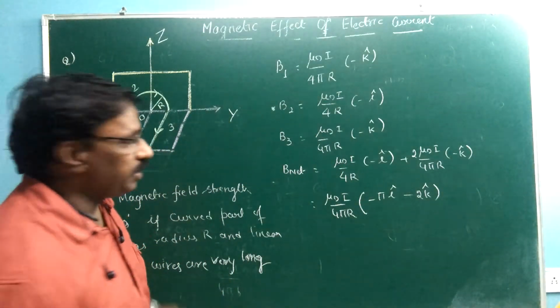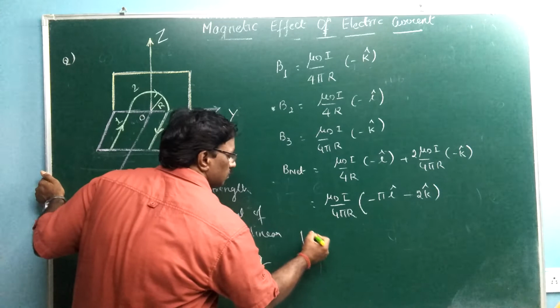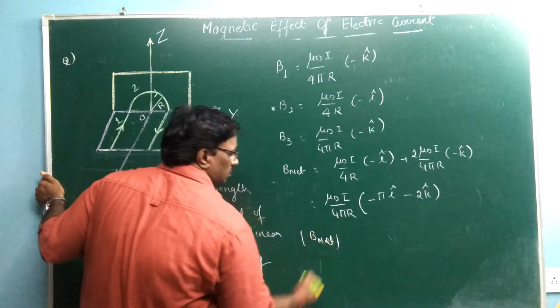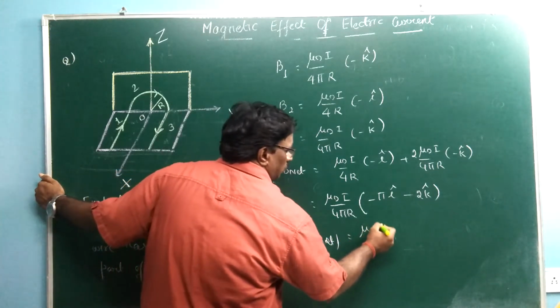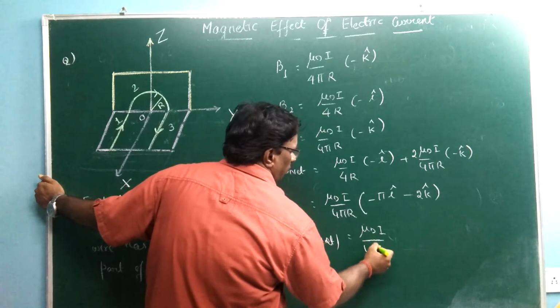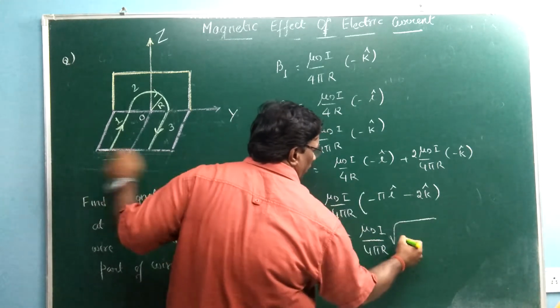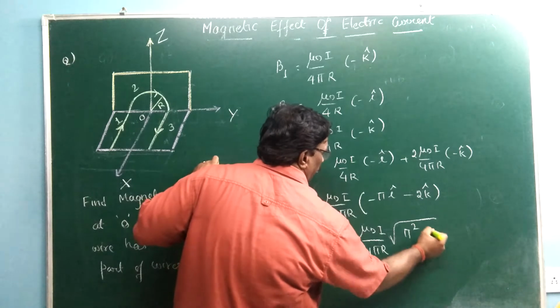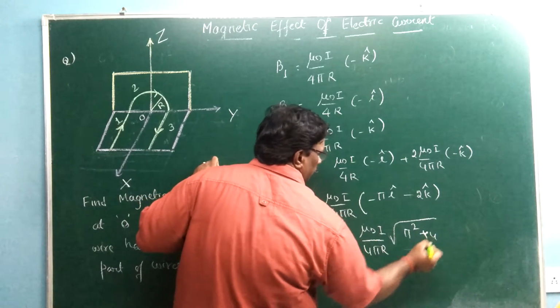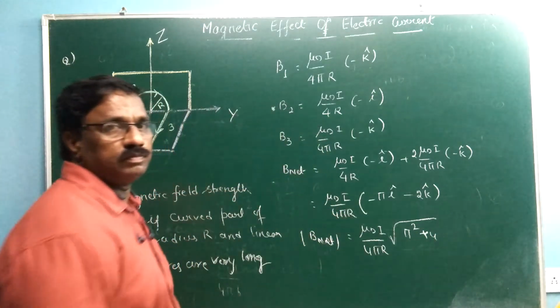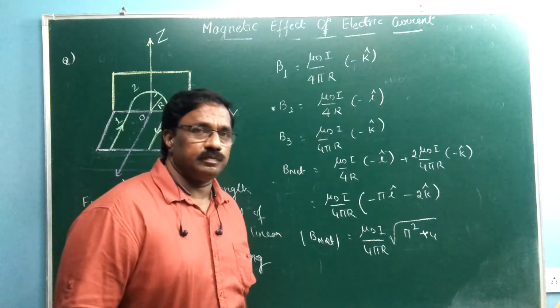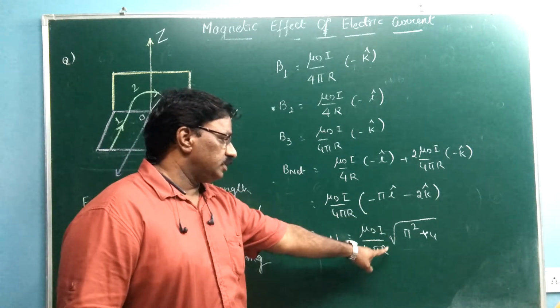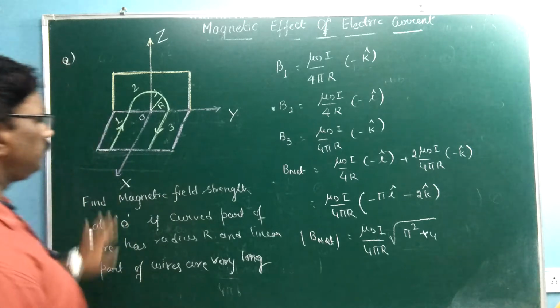If you want to find the magnitude, mu naught I by 4 pi R times the square root of pi square plus 4. That is the way to find the magnitude. Pi square plus 4. This is in vector form and this is the magnitude. Understood how to do this?